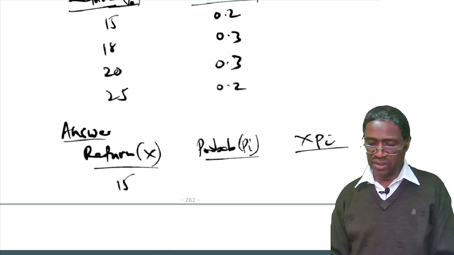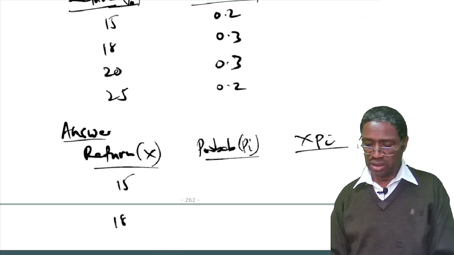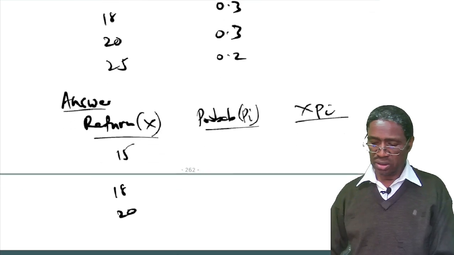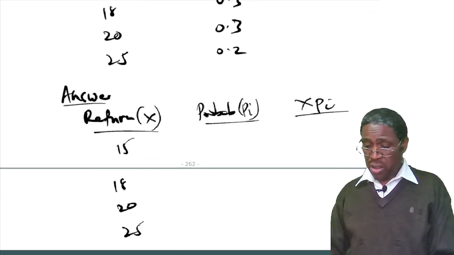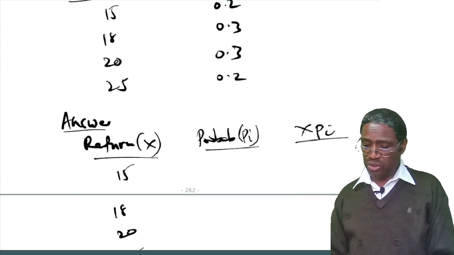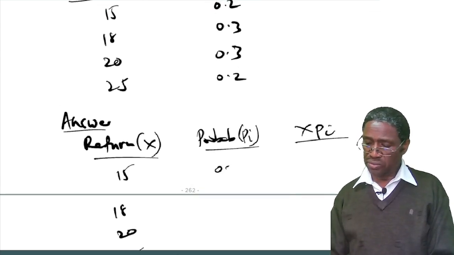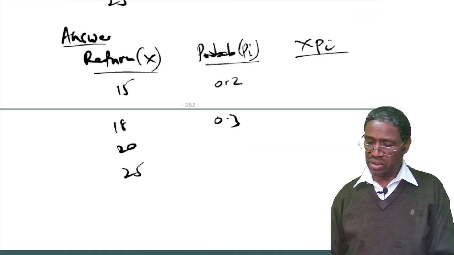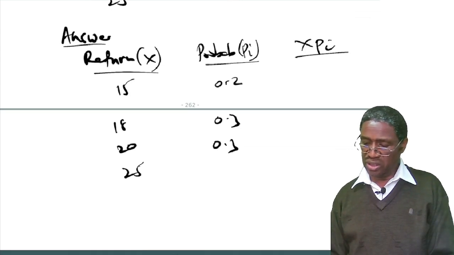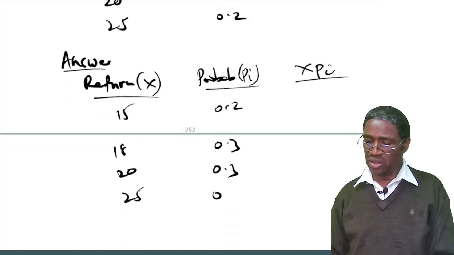This is 15, 18, 20, and 25. Our probability was 0.2, 0.3, 0.3, and 0.2.